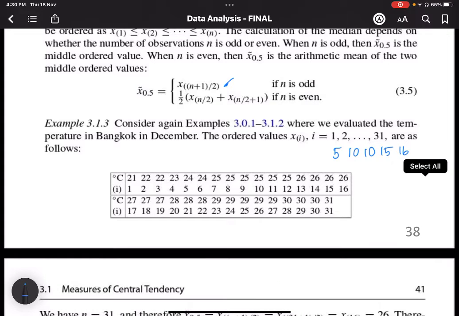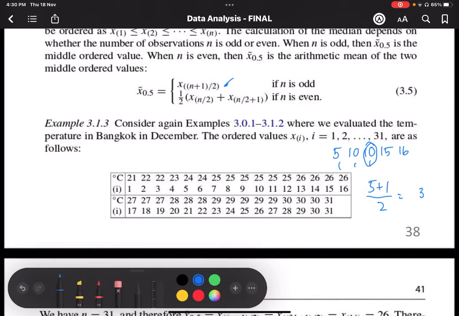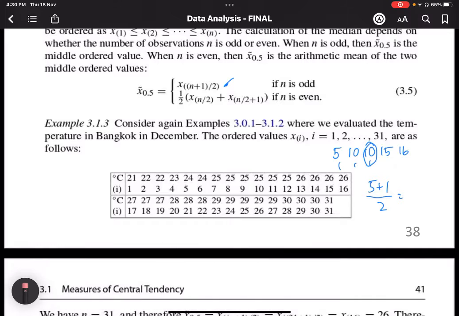So, we use the formula, this one, n plus 1 divided by 2. So, we have 5 plus 1 is 6, divided by 2. So we have 3. So 1, 2, 3, then our median is 10. Okay? So ganun yung simple example natin para sa median.